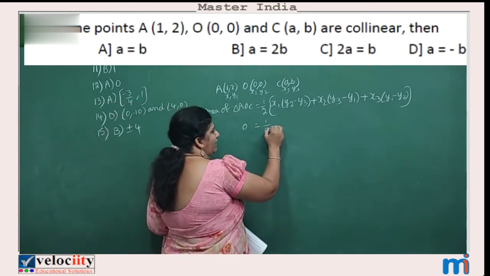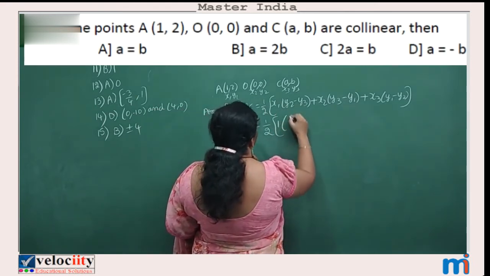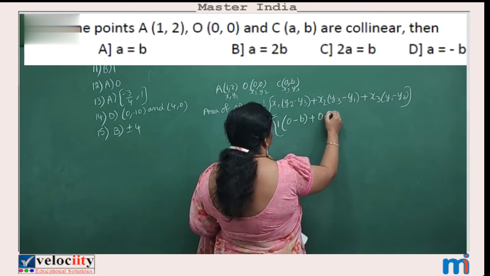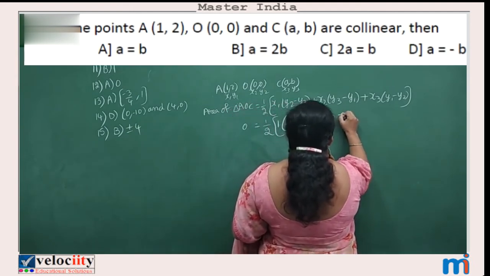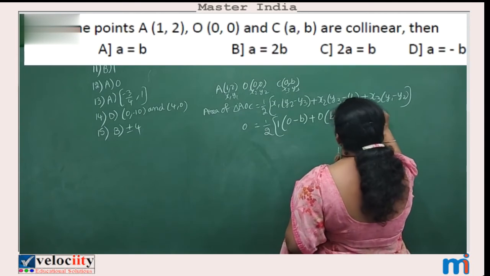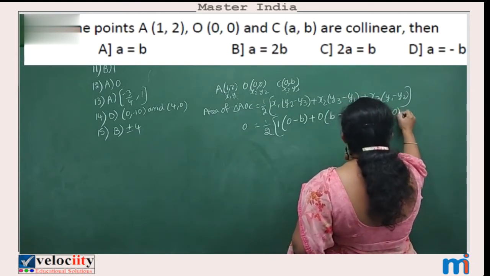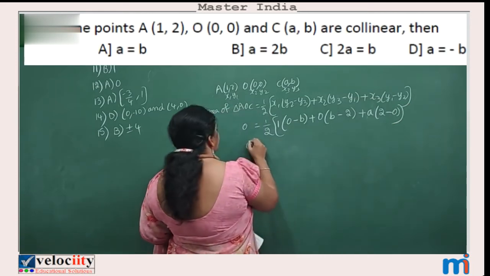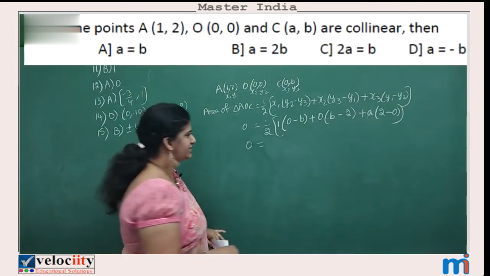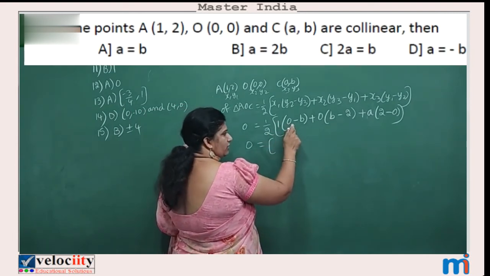0 equal to half of, substitute this one: x1 value is 1, y2 is 0, y3 is b, x2 is 0, y3 b minus y1 value 2 plus x3 value is a, y1 value is 2 minus y2 value is 0. 0 equal to, this 2 send to the other side, 0 into 2 will be 0. 1 you can remove. 1 into 0 will be 0.